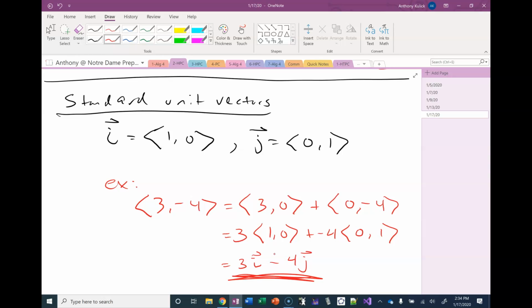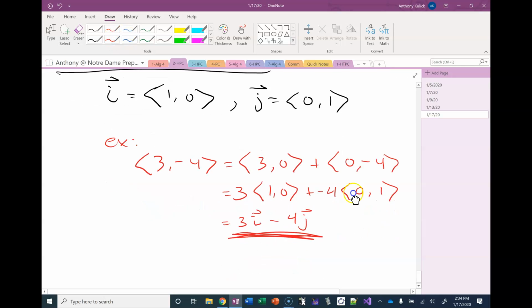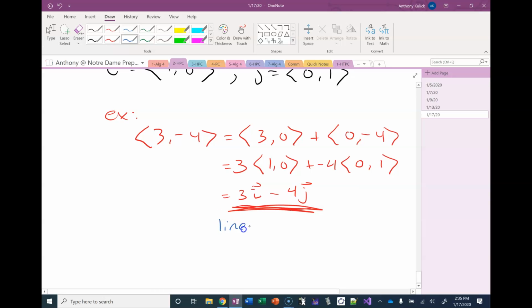I can resolve that vector into a combination of vector i and vector j. In fact, we have a special name for this. This is called a linear combination. And when I write my vector as the sum or difference of unit vectors, we call this the linear combination form for a vector.